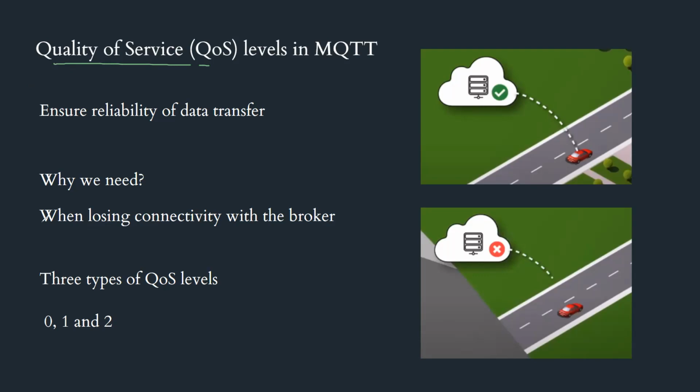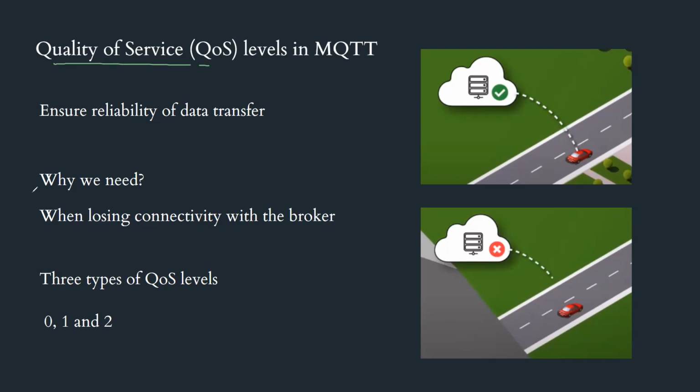The reason that we require that is because we need to maintain the reliability of the communication. That means we can't lose the data packets transmitted from the IoT device to the MQTT broker, and from the MQTT broker to the other client devices.